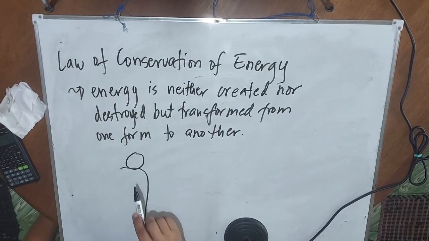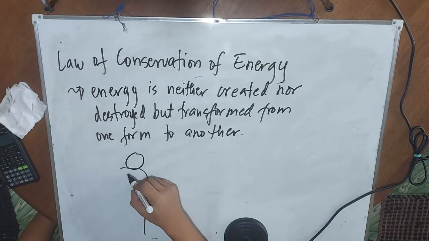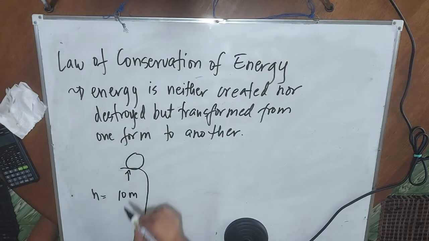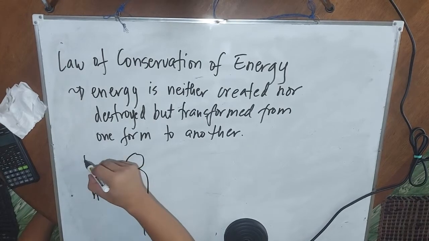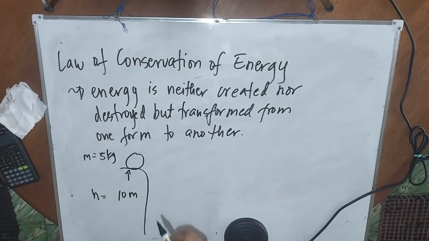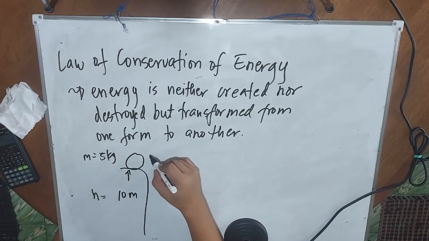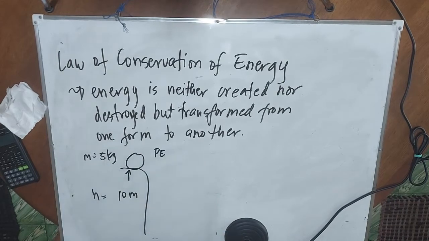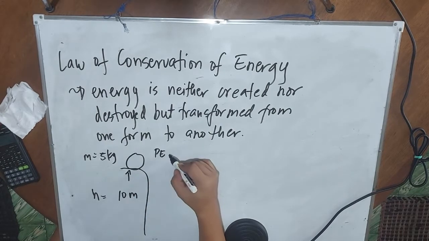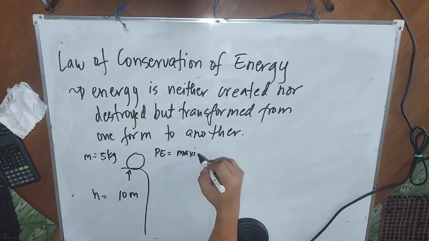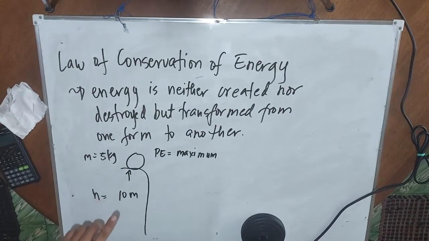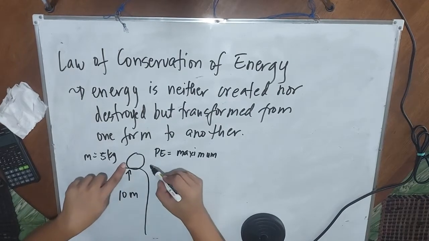Sabi natin kanina, etong object nito, on top of a cliff, let's say 10 meters high, okay? And meron siyang mass, for example, na 5. Sabi natin kanina, due to its position, meron siyang tinatawag na potential energy. And in that case, the potential energy of that object on top of a cliff, while it's not moving, is maximum. Maximum.